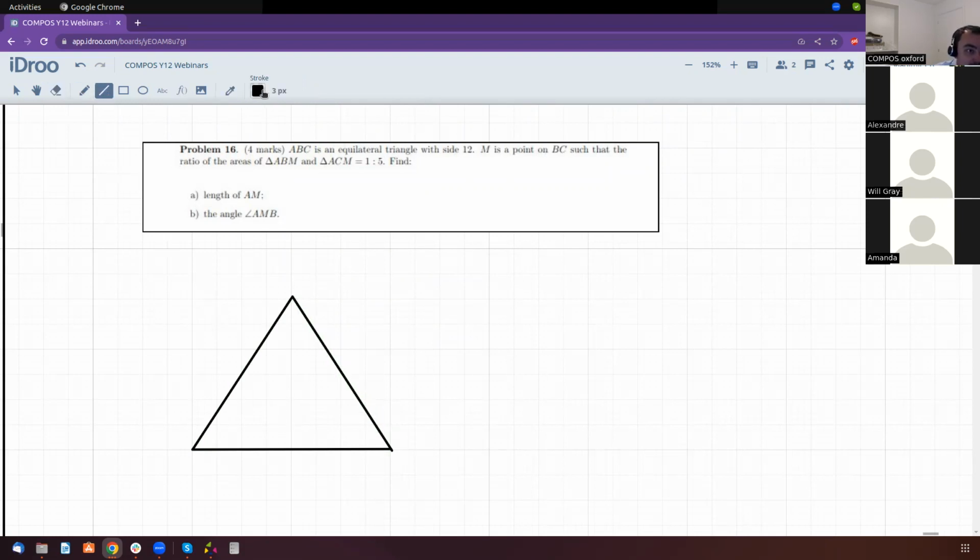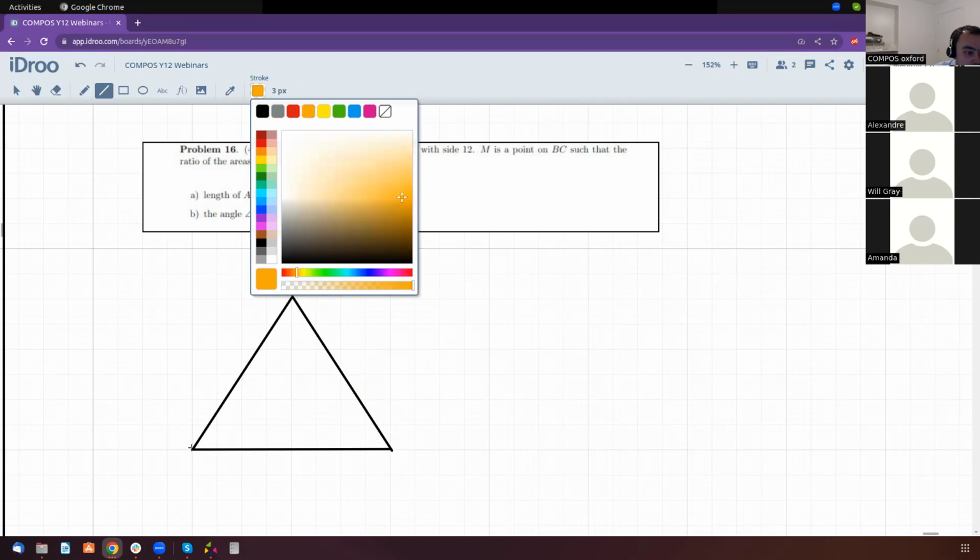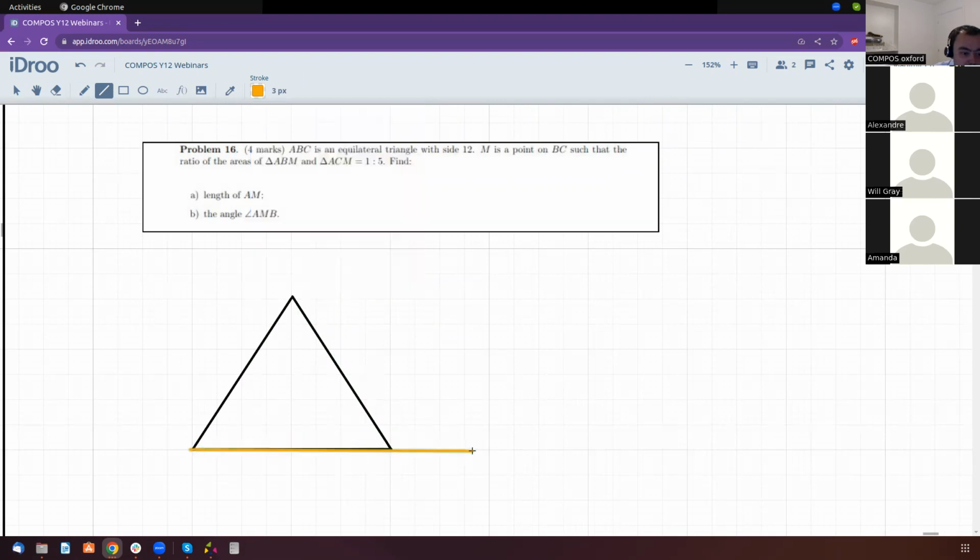Introducing a coordinate system. This is what you do in physics a lot, introduce coordinate systems.